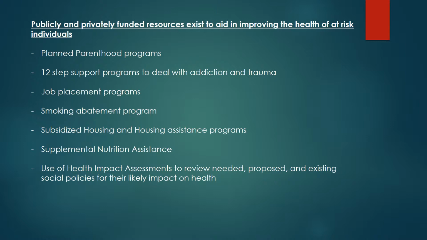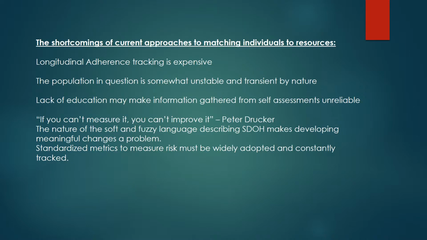Job placement programs can improve somebody's socioeconomic standing. Smoking abatement programs and such tend to lessen exposure to addictive substances that degrade health. Other programs exist that are often either completely free or at low cost to the individuals participating in them.